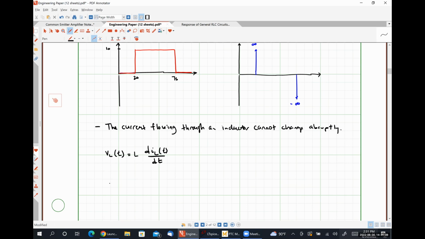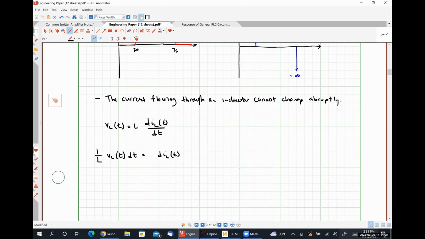So that's going to give me VL dt is equal to L dIL. I'm going to take this L right here and put it over here like this. So I've divided both sides by a factor of L.